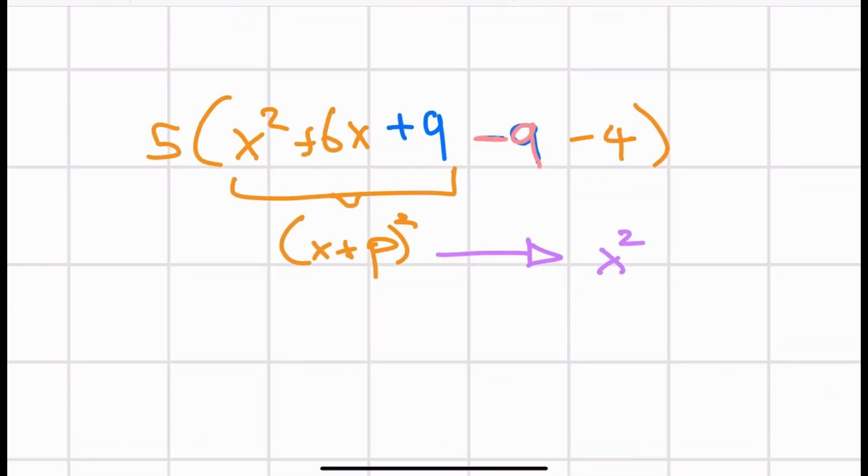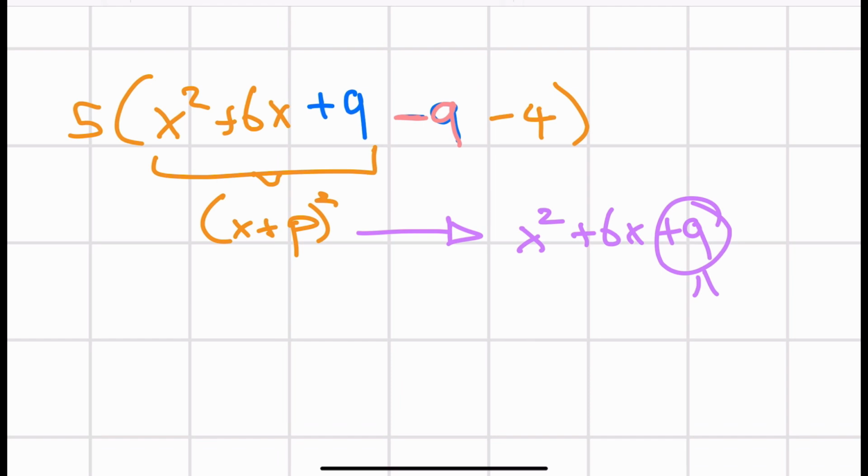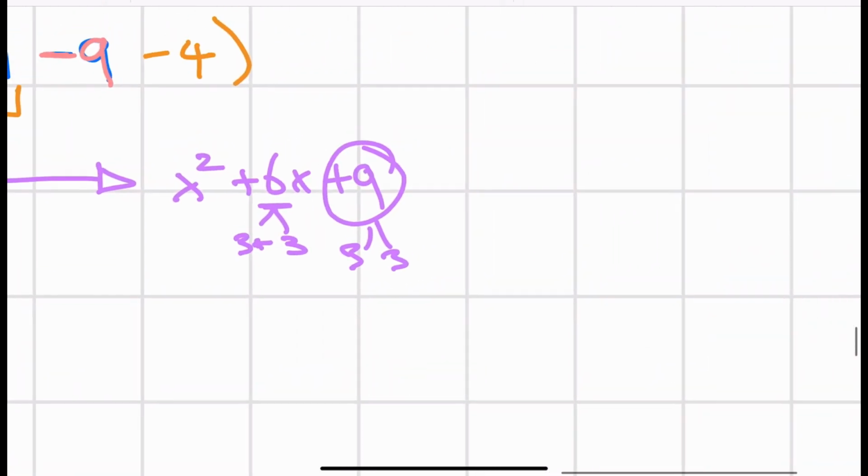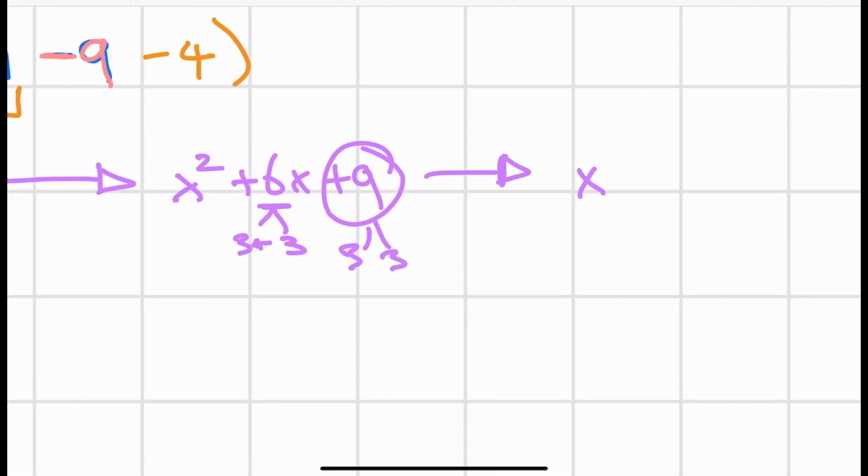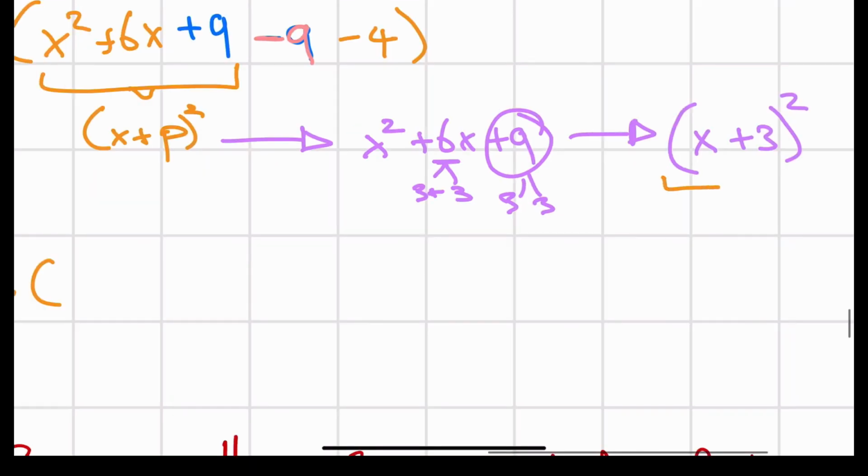It is as simple as finding those two factors of c, 3 times 3. And those will add up to give us 6, the same as x plus 3. I'm going to have my new perfect square, x plus 3 squared.